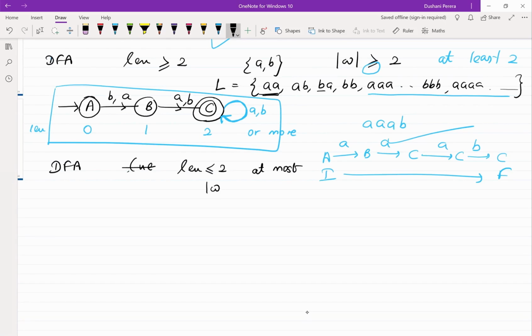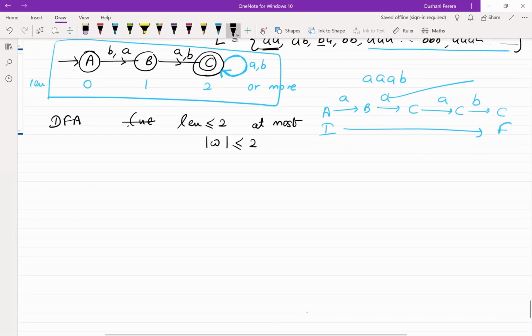Meaning the length of the string should be less than or equal to 2. So what are the lengths I'm going to accept then? I will accept strings of length 0, length 1 and 2. That's all. I don't want anybody who is more than 2.